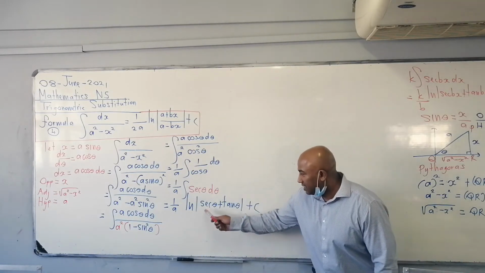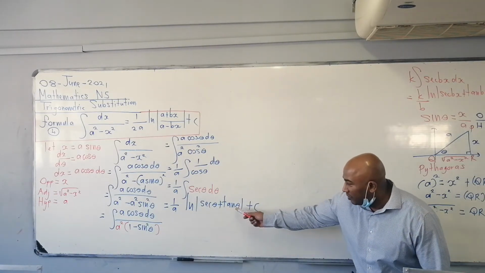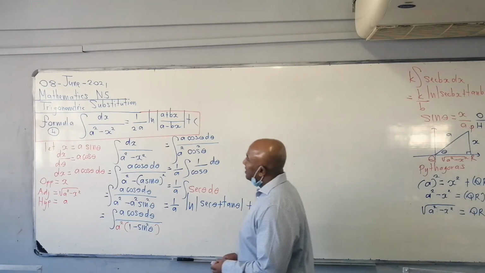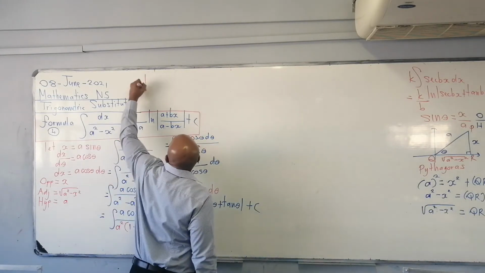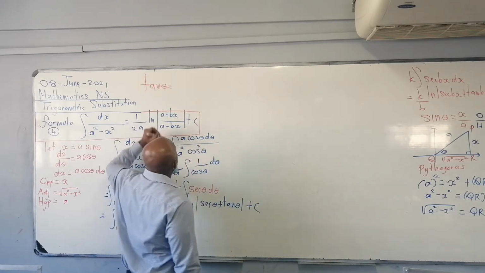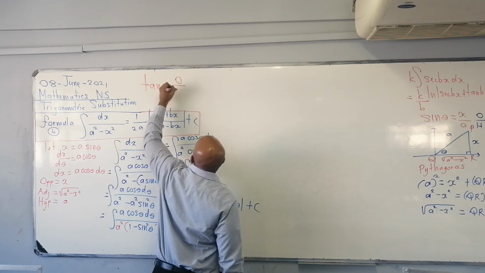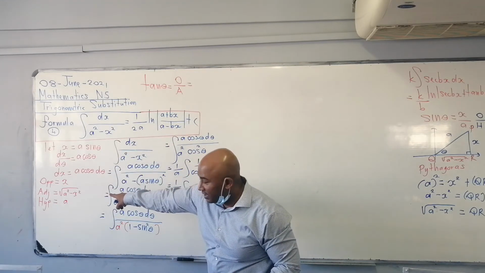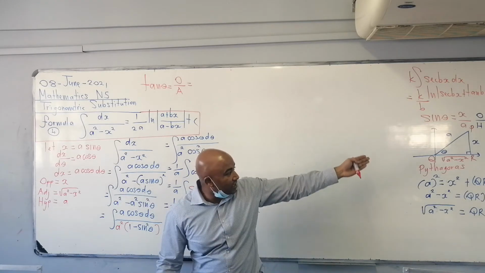The question is, let's look at something you're familiar with, tan. What about tan? If I go tan of theta, SOHCAHTOA says tan is opposite over adjacent. Can you see that? It's there on the diagram here.